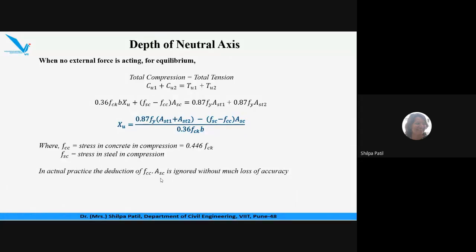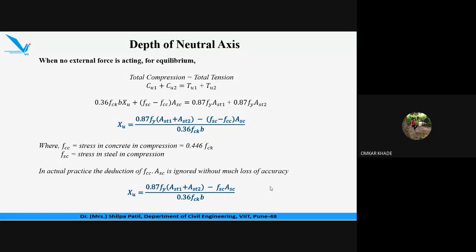So we do not compromise the accuracy even when we ignore this particular term. So for sake of simplicity of the calculation, we simply consider the expression for xu as 0.87 fy into bracket Ast1 plus Ast2 minus fsc into Asc divided by 0.36 fck b. Is it clear to everybody? Expression for xu.